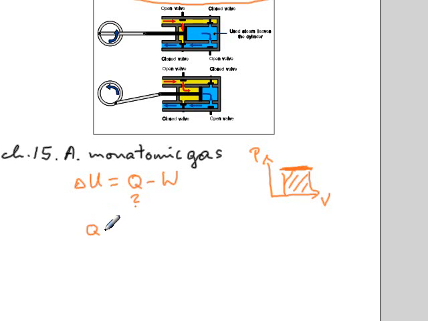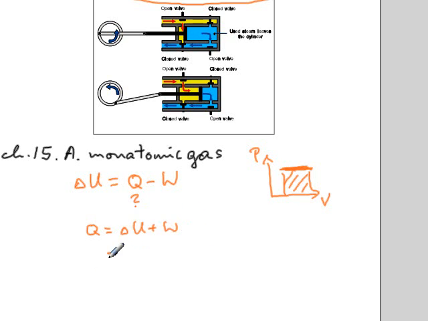Is the heat flow going in or out? So just one algebra step: Q equals delta U plus W. The plus sign doesn't mean anything because the delta U could be positive or negative, and the work could be positive or negative. This is just the algebra here.